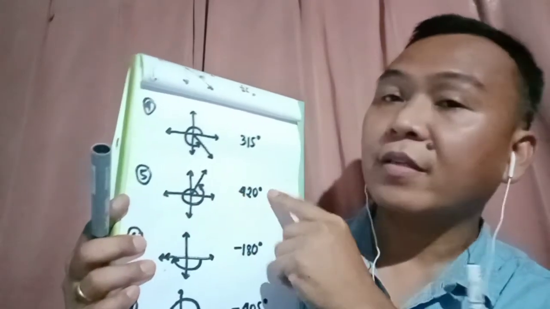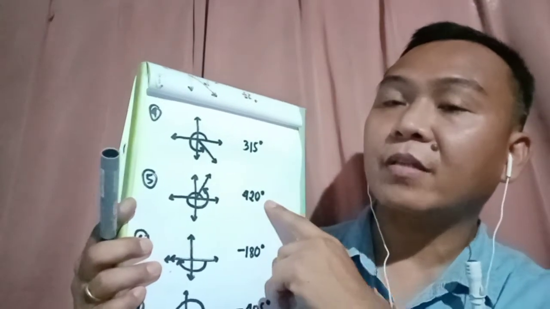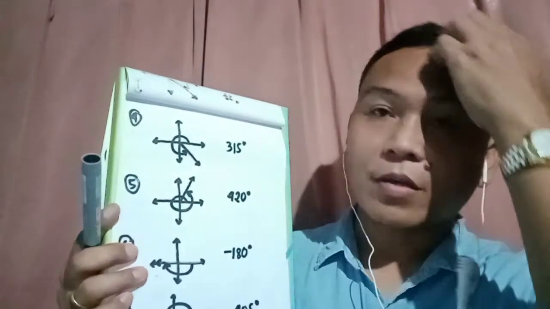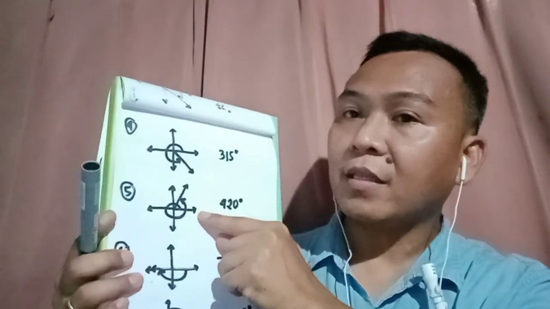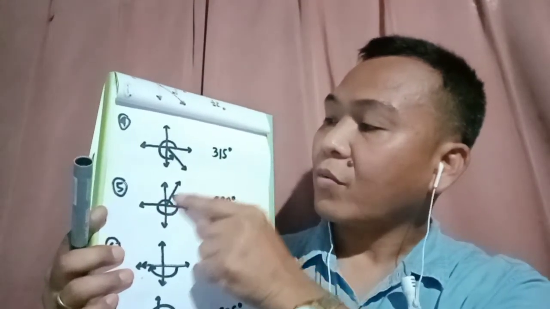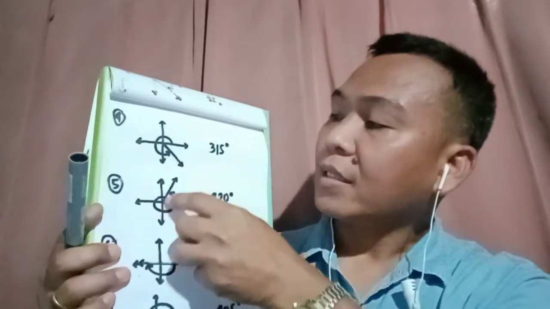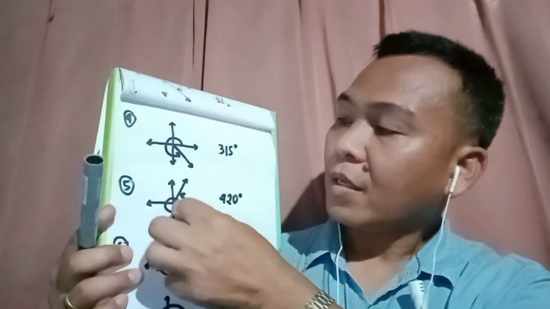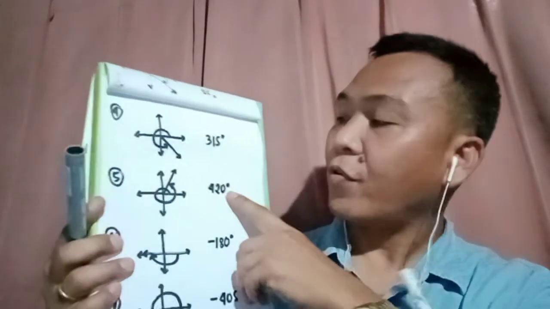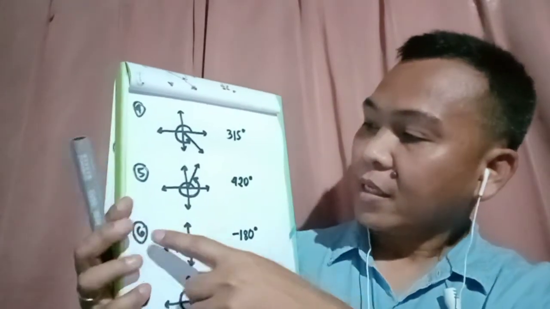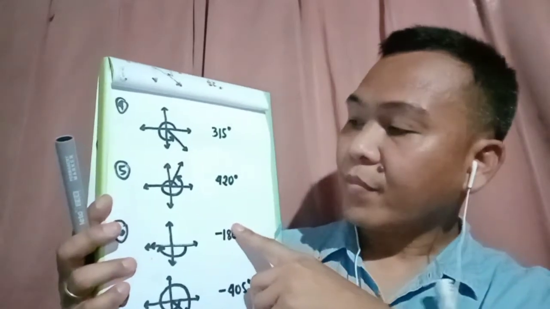Therefore, we have positive 420 degrees of our angle. This is our initial side at the positive x-axis, and this is our terminal side in between these two axes in the first quadrant. So we have 420 degrees. Let's have another example.